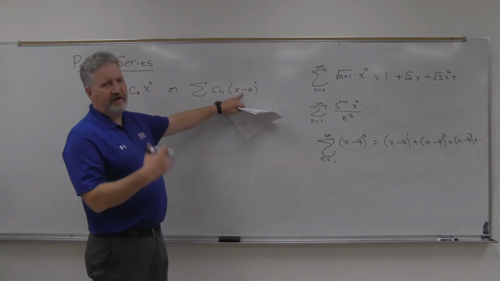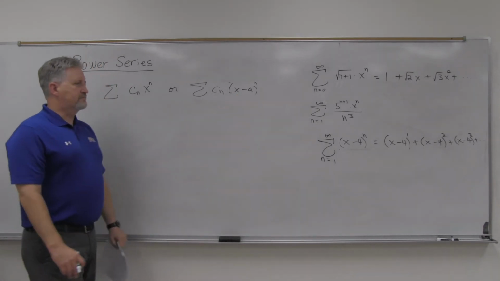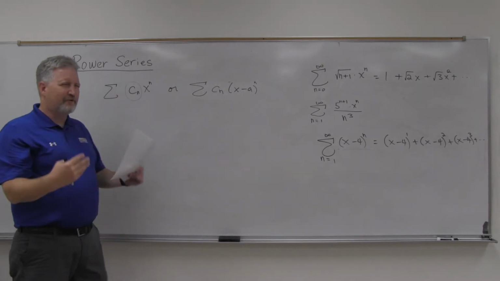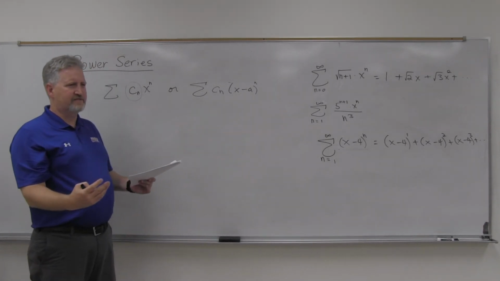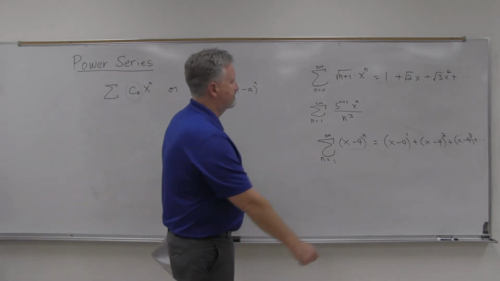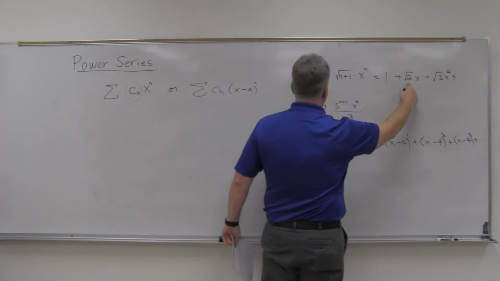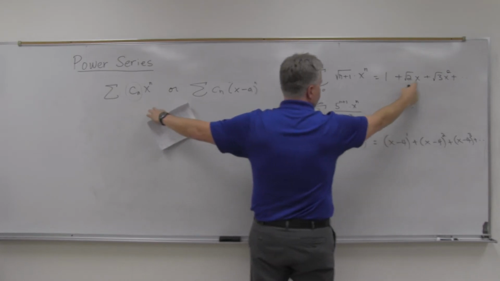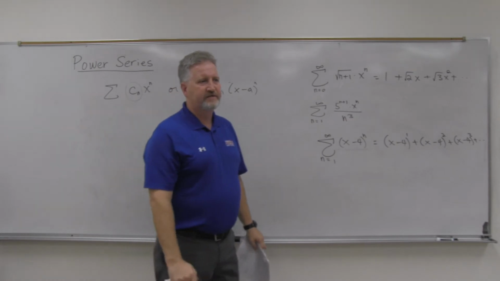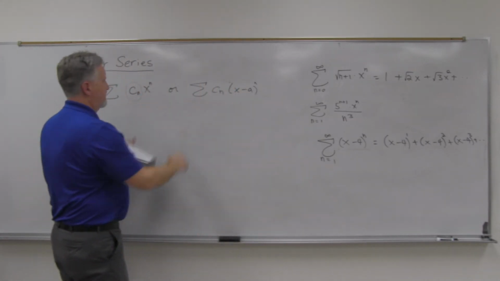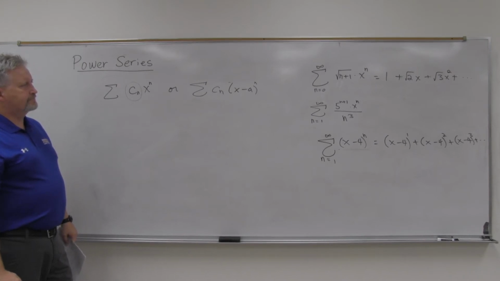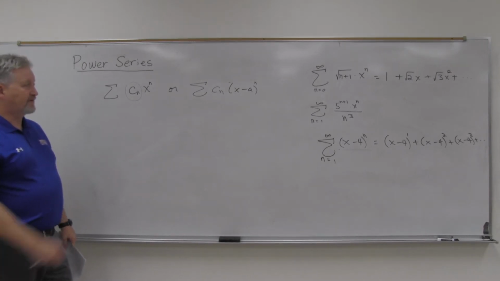And it doesn't have to be minus a, it could be plus a as well. I guess that's why they use c sub n, because the number in front turns out to be just constants when you plug in the n values. So that's what a power series looks like.